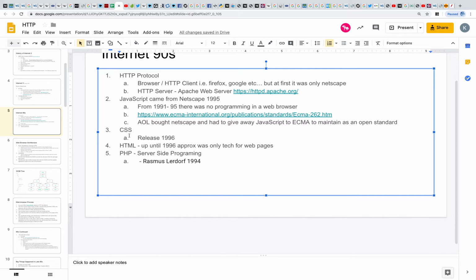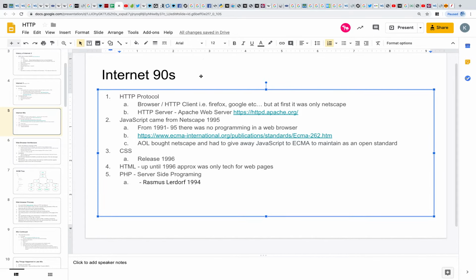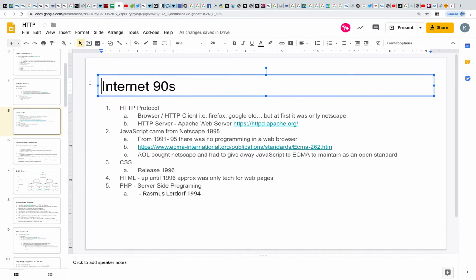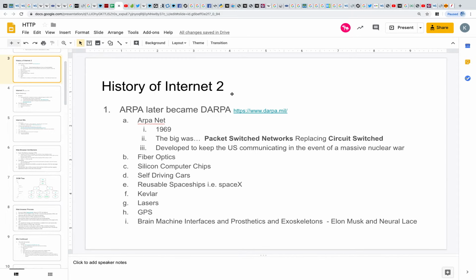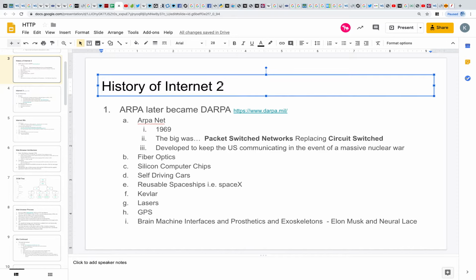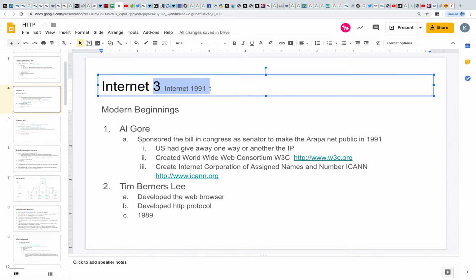So the internet at this point was, I call this internet 1.0. Let's break it down like this: ARPANET was like internet 1.0. Then we get internet 2.0, public release.